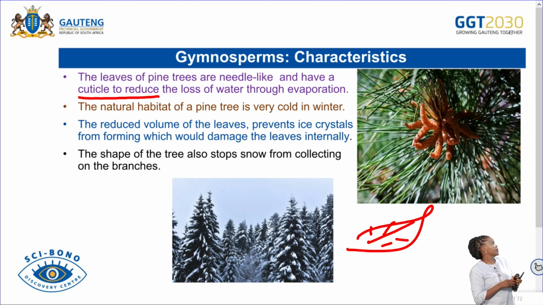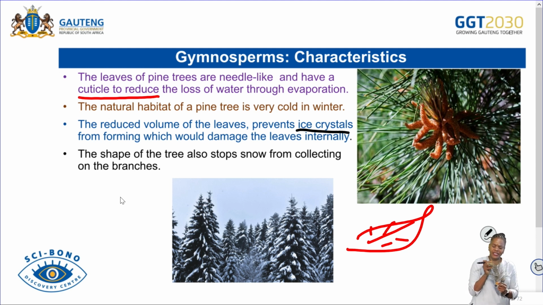So what is happening now, they say that the reduced volume of leaves, or the reduced size of leaves, prevents the ice crystals from forming on the leaves. Because if the ice crystals form on the leaves, it means that our leaves can be damaged.